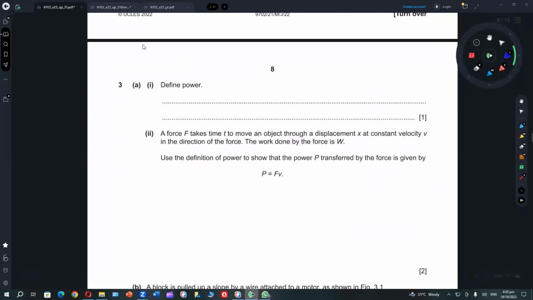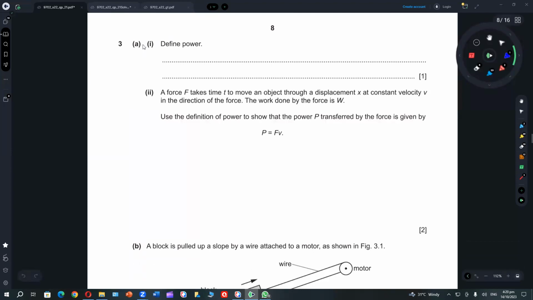Okay, now define power. Power is the rate of doing work. A force takes time t to move an object through a displacement x at constant velocity. This is a very well-known derivation, and you can always start it from the formula. Power is equal to work upon time.